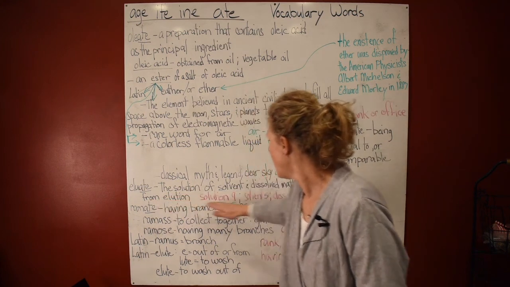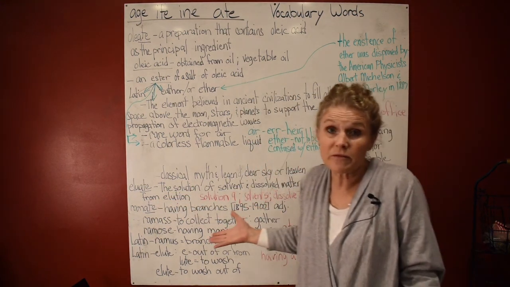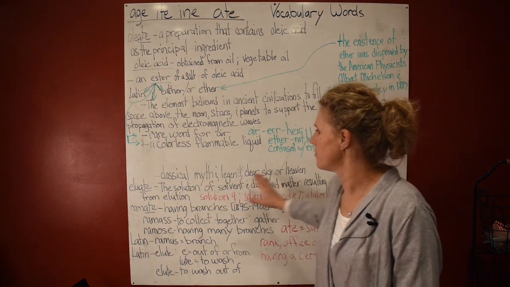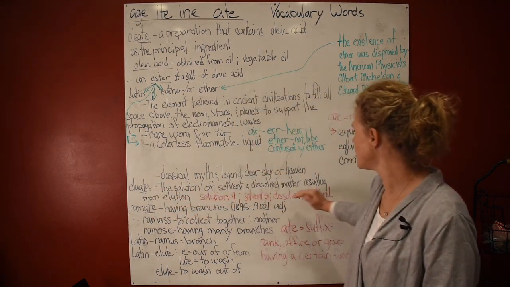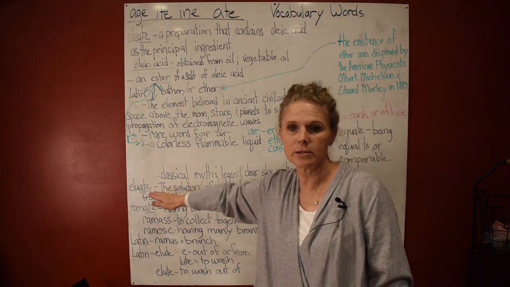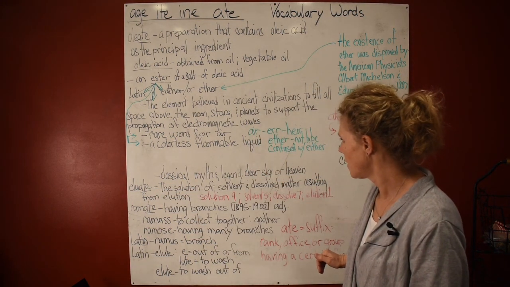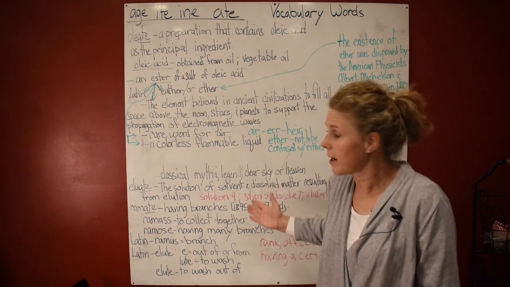So that would take quite a bit of time to decide which definition am I going to use to help understand eluate, right? So that might take you a lot of time.